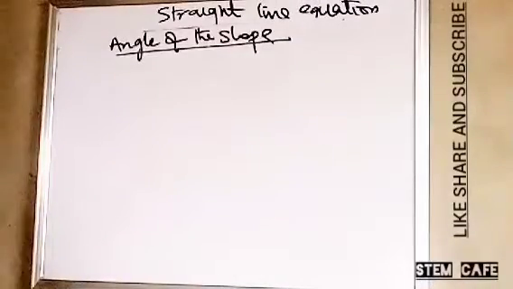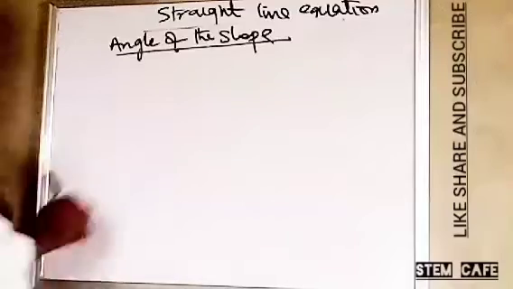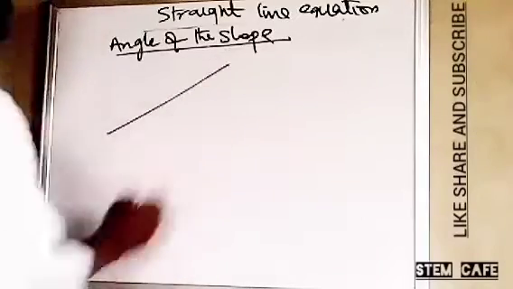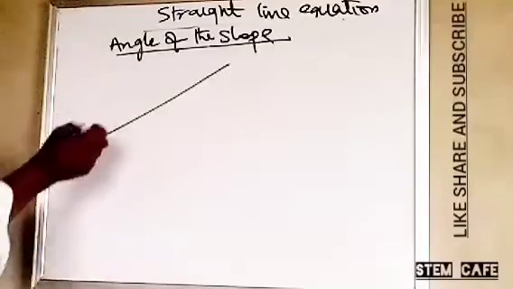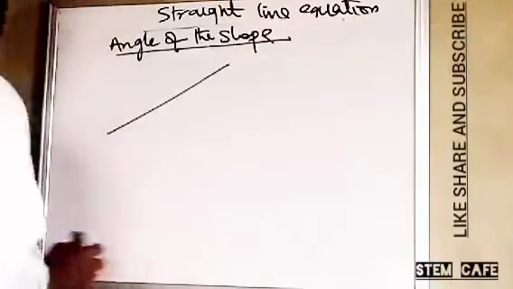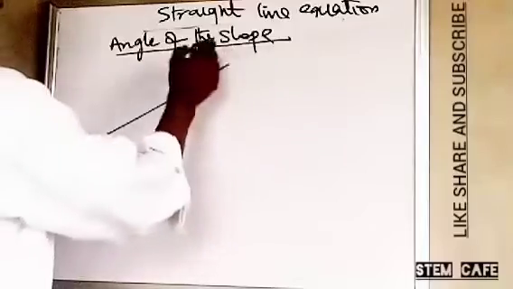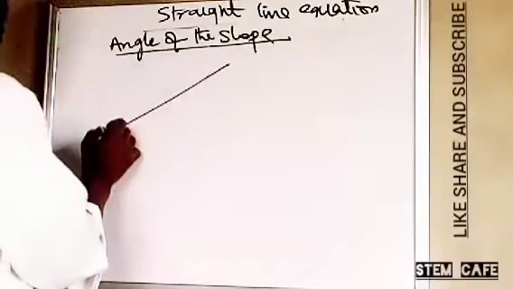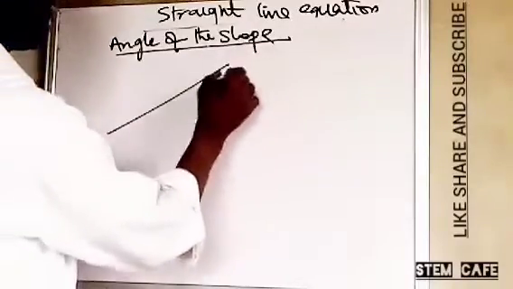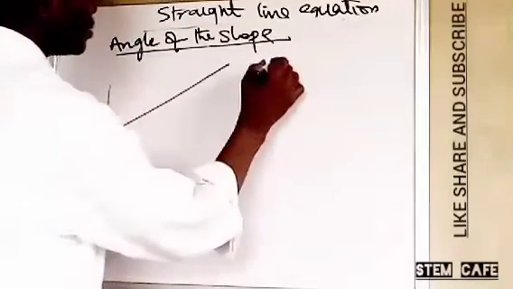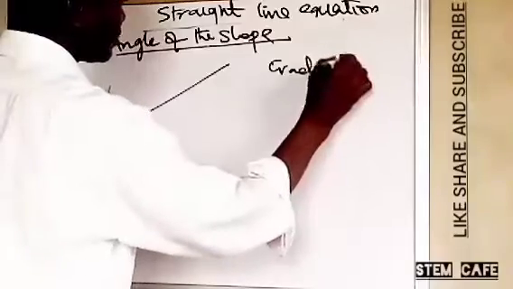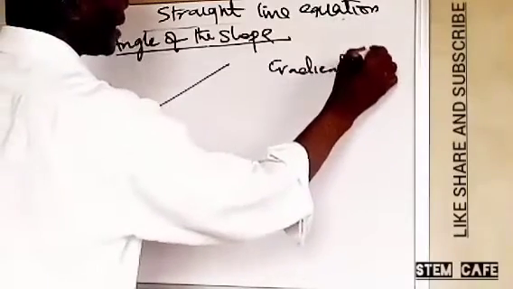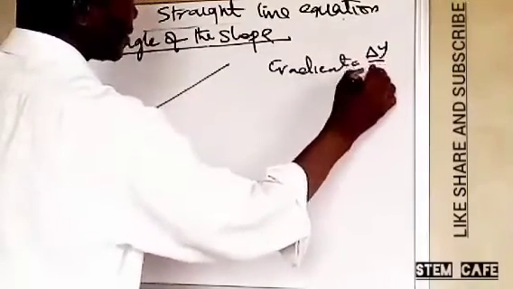Now we want to talk about the angle of the slope. When we have a line like this, we can also talk about the slope of the line. It's the same thing as the tangent of the line. So we say gradient is equal to delta y over delta x.